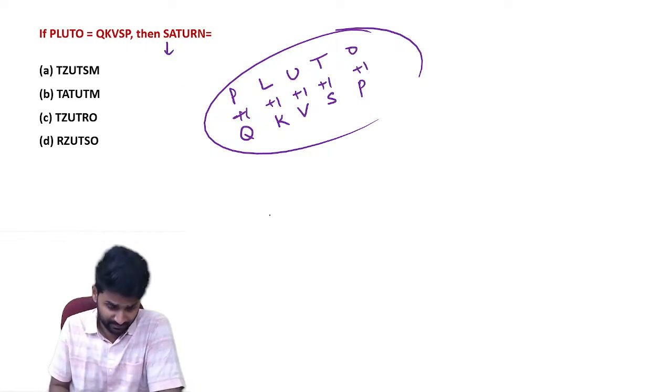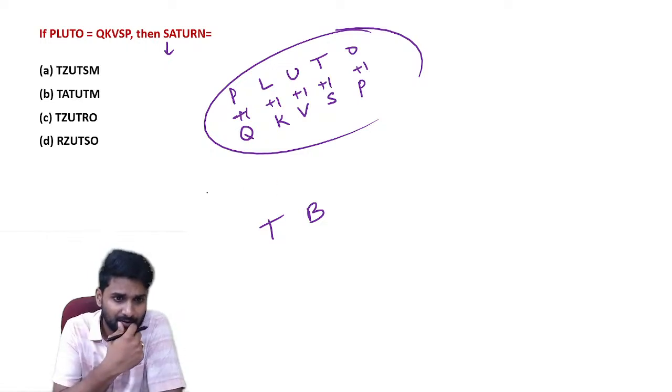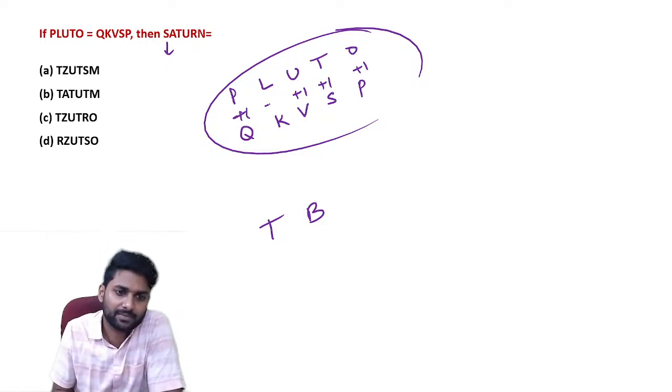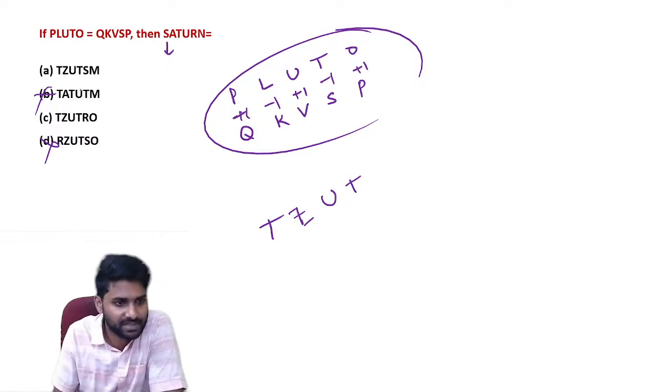Saturn: S is T, A next letter is B. Give me a second, sorry guys, it's a minus 1. You have to take the previous letter. So it's T Z, right? D eliminated. Next one, T, we required U. U previous letter, T. So T Z U T.